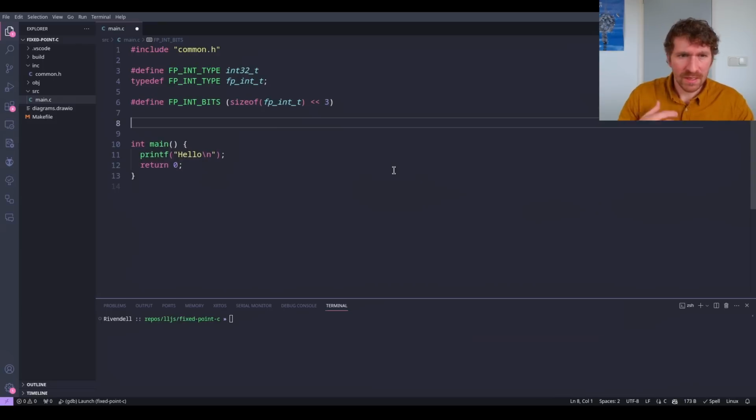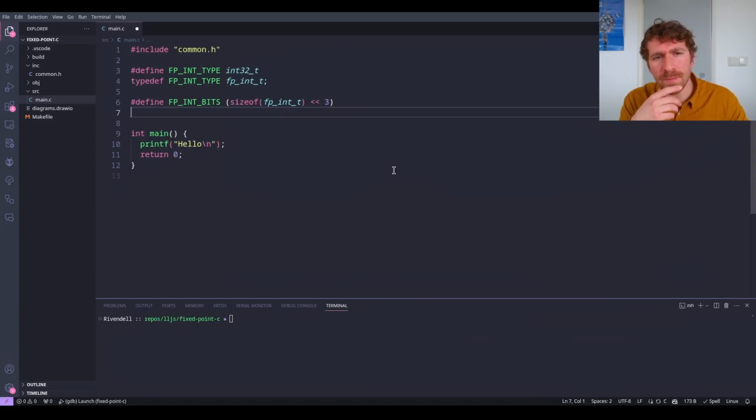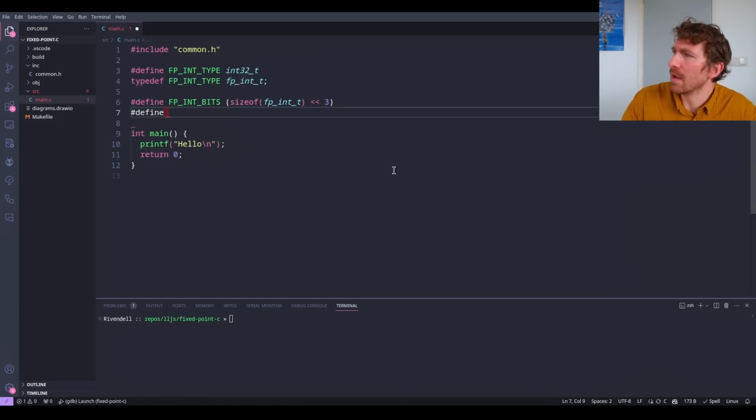All right. Now we're also going to have to define how many bits from this 32-bit integer we are going to give to the fractional part, and how many bits we're going to give to the integer part. Conceptually, it doesn't really matter which way around you do this, but let's do something that doesn't quite go down the middle.